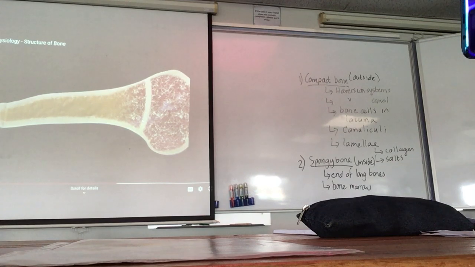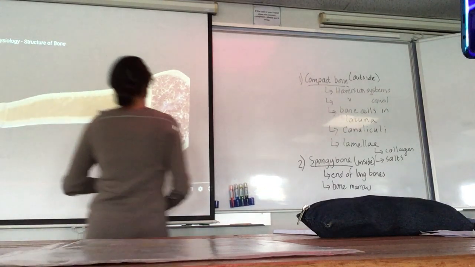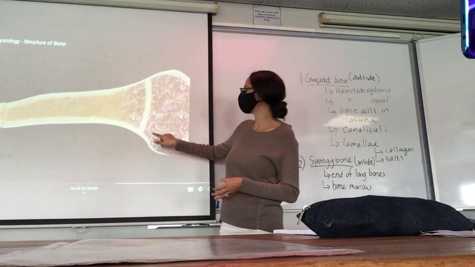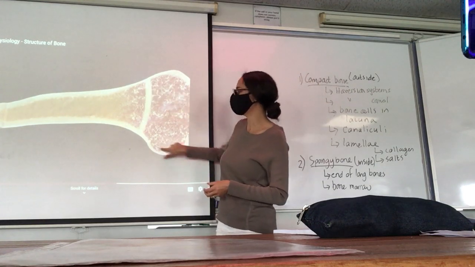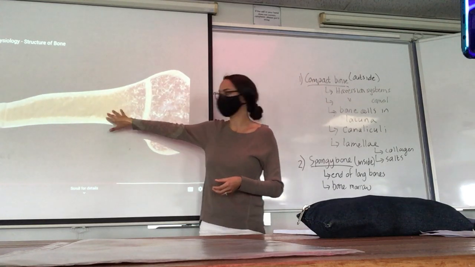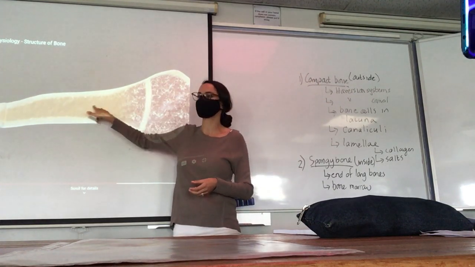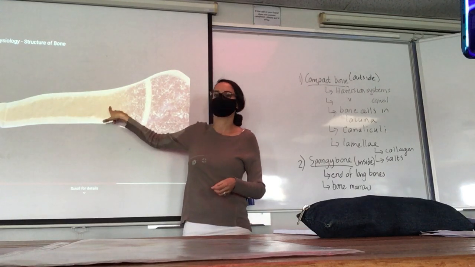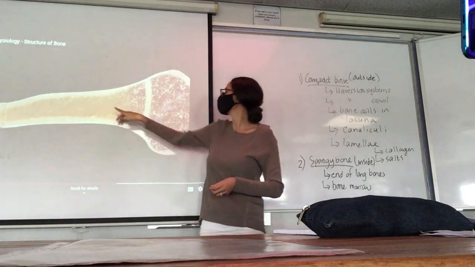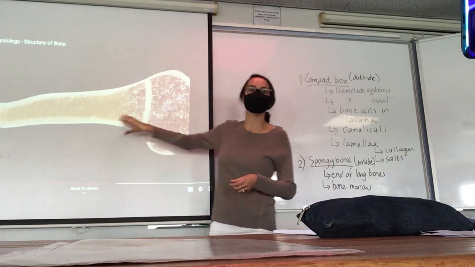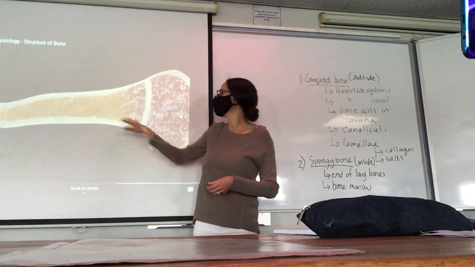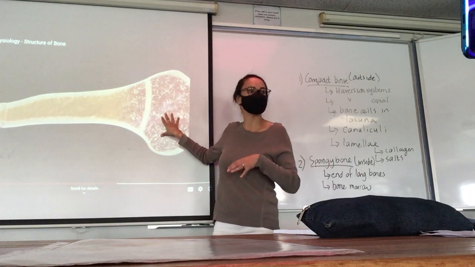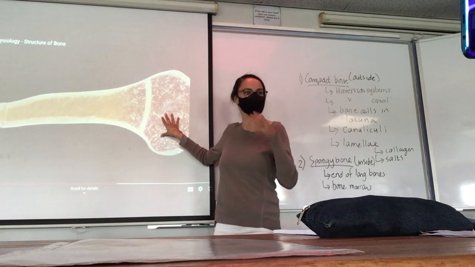Okay guys, I know we touched on spongy bone the last time, but just to reiterate, compact bone on the outside, spongy bone, and then what do you think this yellow substance is? The marrow, yes. So you'll have red bone marrow here and yellow bone marrow here. This bone marrow will generally make your red blood cells, white blood cells, all of that.